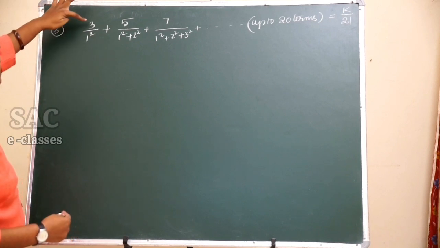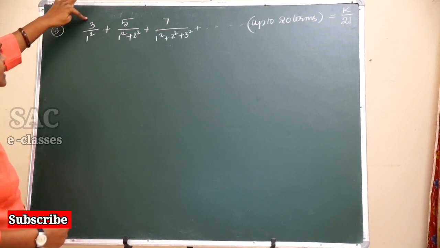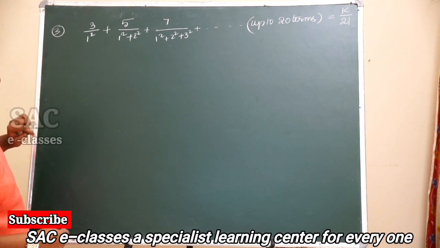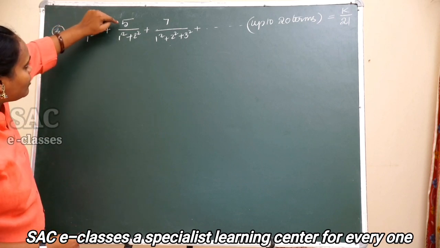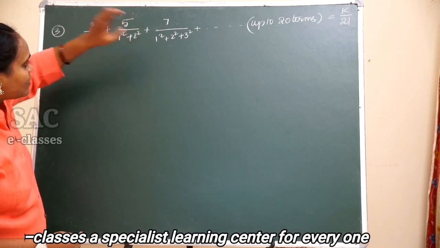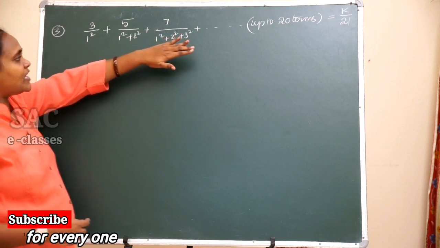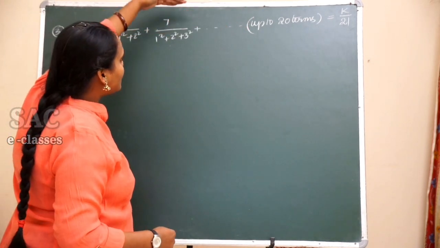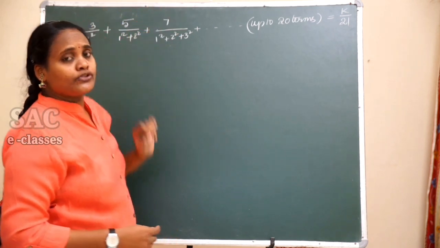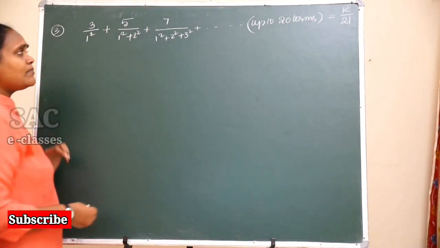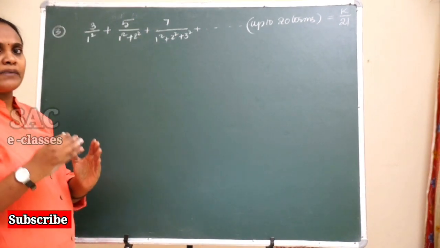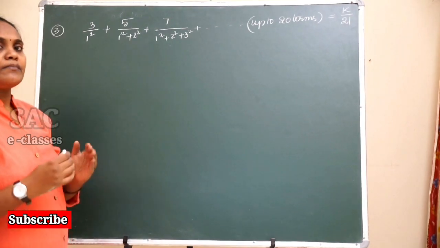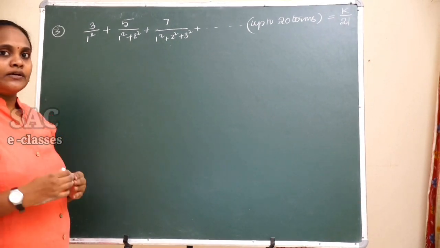The first term is 3 by 1 square. What is 3 here? An odd number. What is the next term? 5 by 1 square plus 2 square. One thing is clear: the denominator is a sum of squares and the numerator is an odd number. You know the general form of even numbers is 2n.